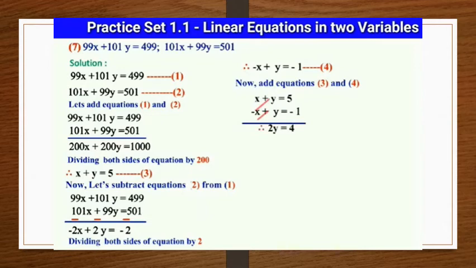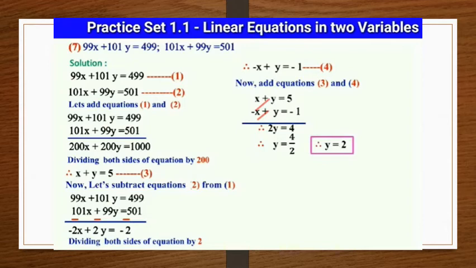We are left with variable y. So 1y plus 1y will become 2y. 5 minus 1 will become 4. So now we have 2y is equal to 4. Therefore y is equal to 4 upon 2, which will be equivalent to 2, because 2 twos are 4. So y is equal to 2.